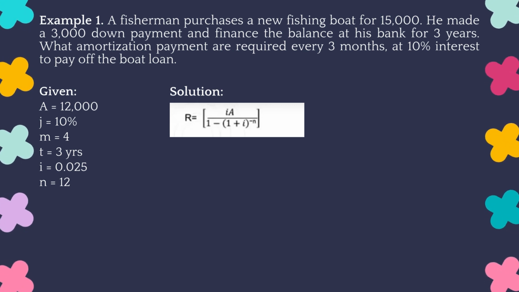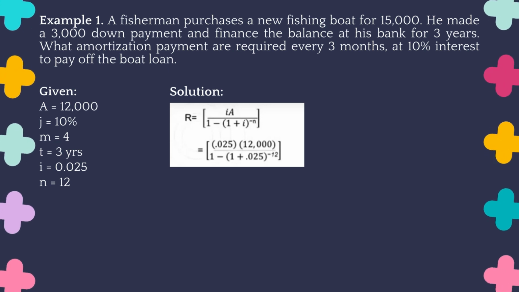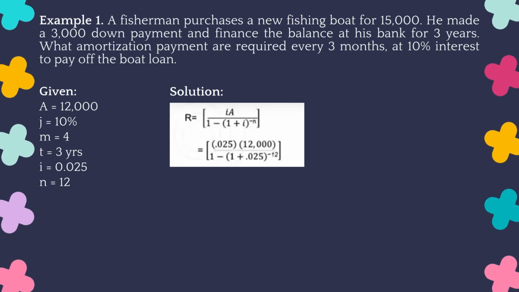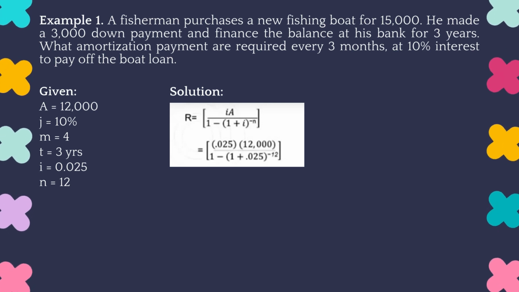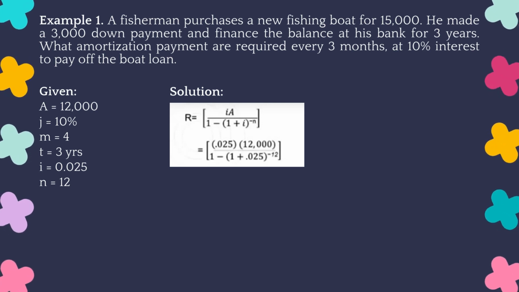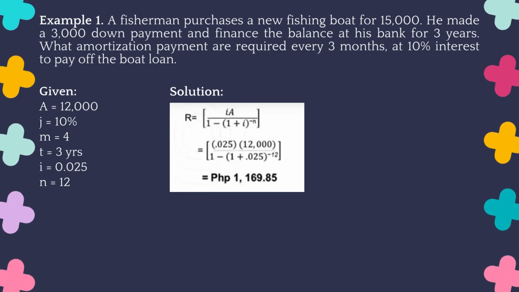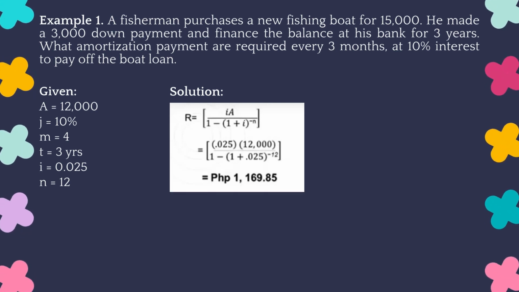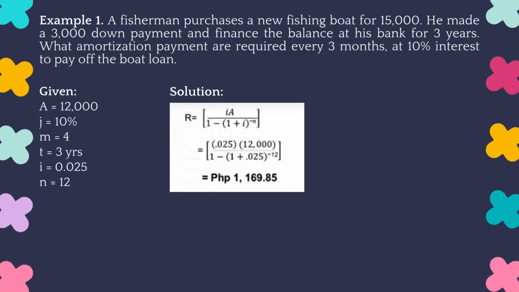So that would be equal to R open bracket 0.025 times 12,000 over 1 minus open parenthesis 1 plus 0.025 powered by negative 12 close bracket. So, ang answer ana is 1,169.85. So, mao na siya ang required payment for every 3 months within 3 years.